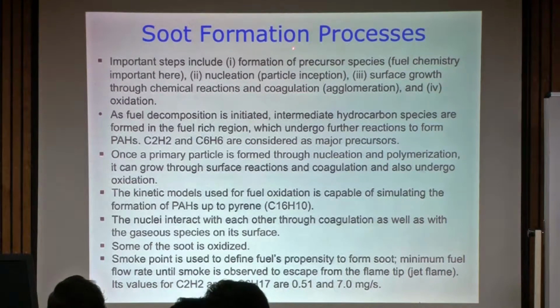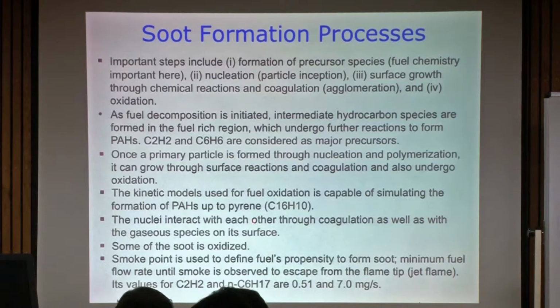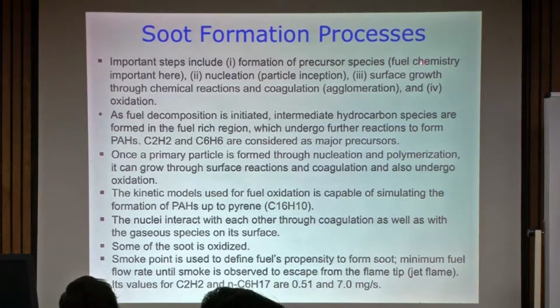Now this is the overall information of how soot formation occurs in flames. These are the major steps, the first bullet. First you form some gaseous species, so the fuel chemistry is important there. What are the precursor species?